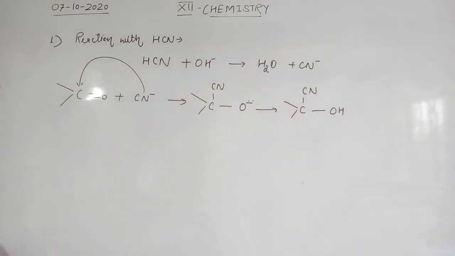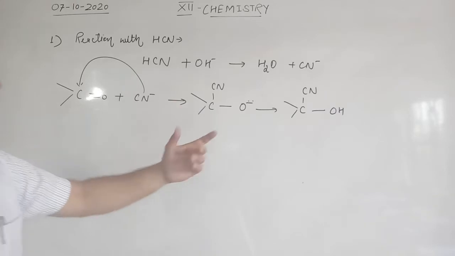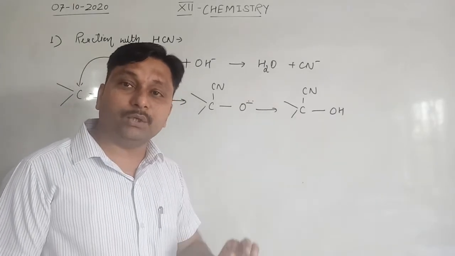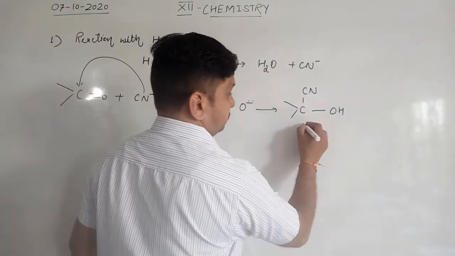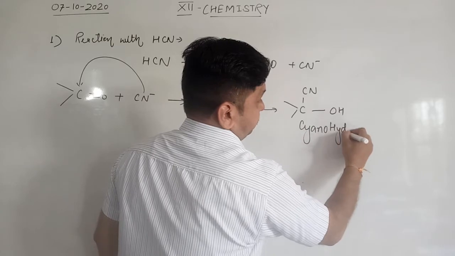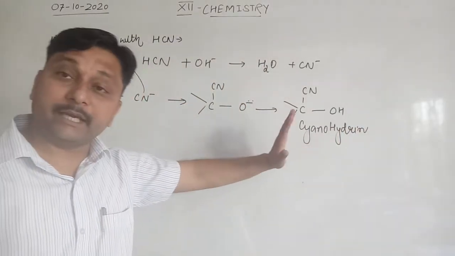So ultimately, when aldehydes or ketones react with hydrogen cyanide, they convert into a compound known as cyanohydrin. Clear? Any doubt?